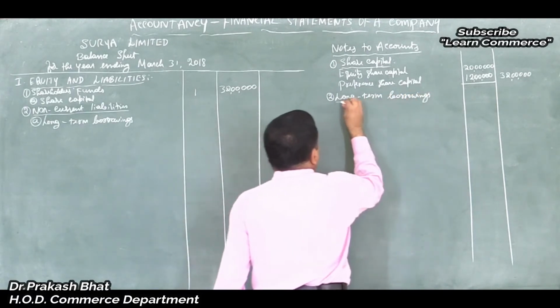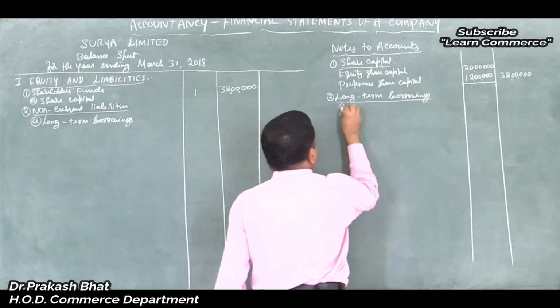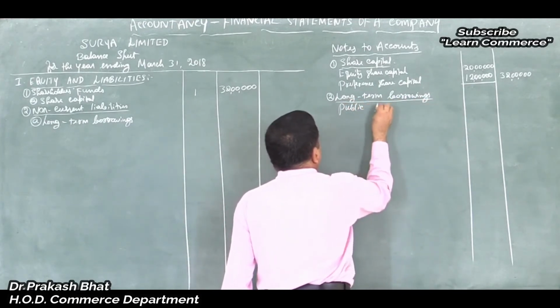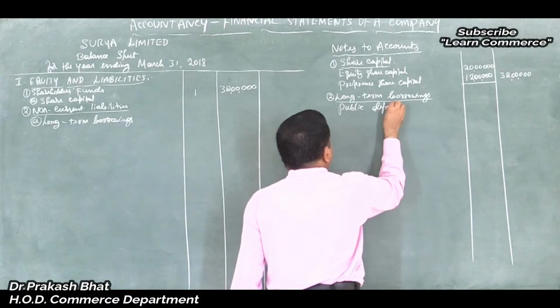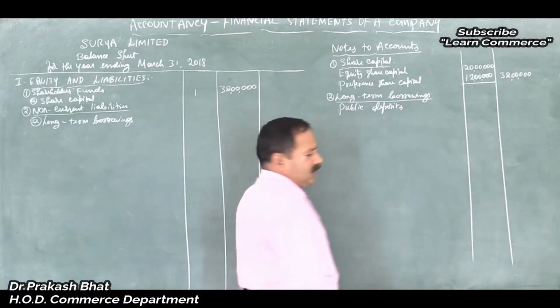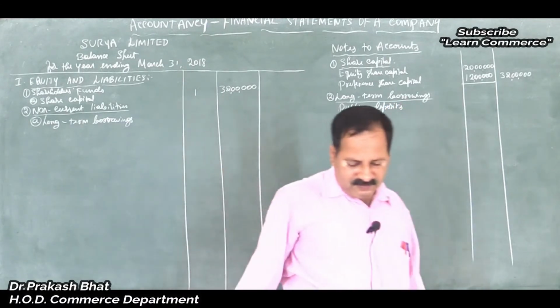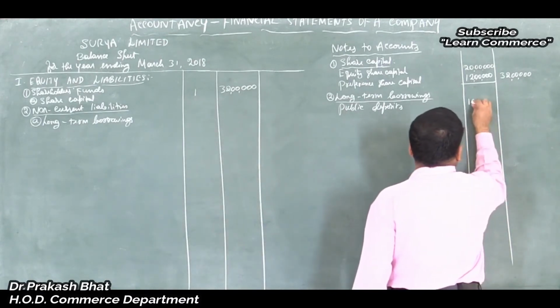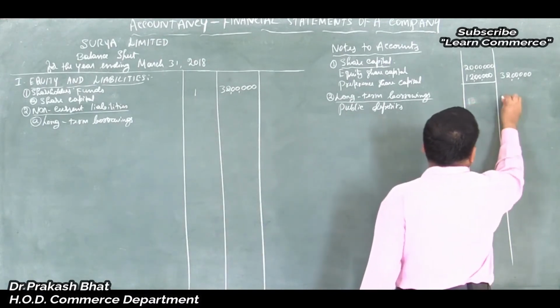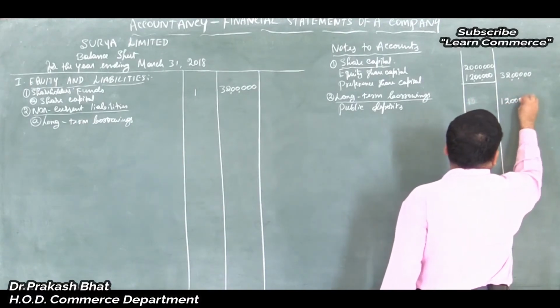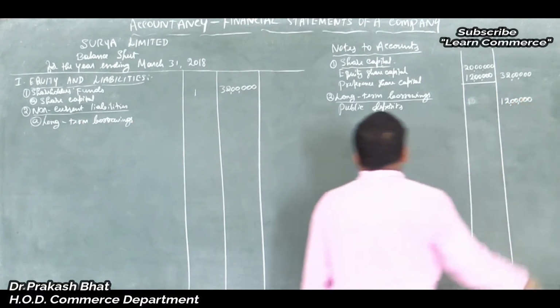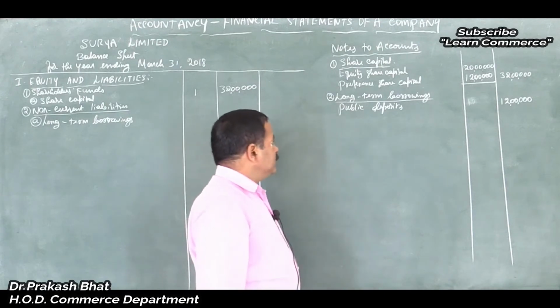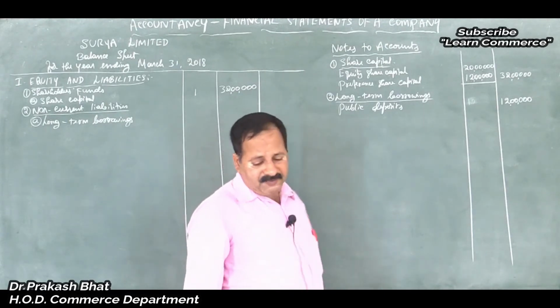Under that, public deposits. How much is it? Public deposits 12 lakh. Outer column itself, there are no other long-term liabilities, long-term borrowings it is, isn't it? Public deposits 12 lakh.